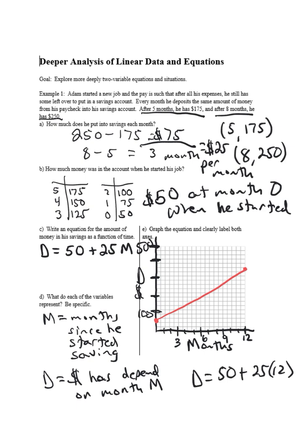Like 4, 150. So month 4, 150. That looks about right. 8, 250. So there's 8. That hits the graph. I'm a little off there, but not too bad. There we go. So it looks like a pretty decent graph.